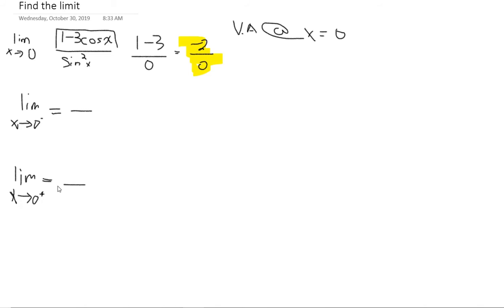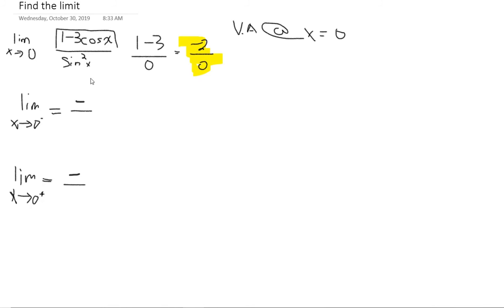As x gets bigger, it is going to overpower that 1. That 1 is going to get overpowered by the 3 cosine very quickly. So we know it's going to be a negative sign on top. Same over here. Remember, since this is an even function, whatever happens on the left will happen on the right.